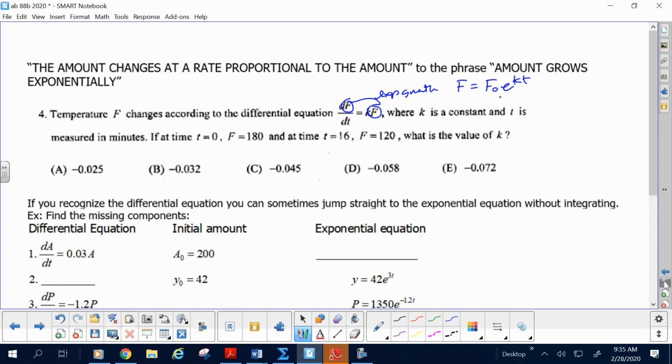Now with that then, it's pre-calculus time. How do I find k? Actually, you do it. You should be able to do it. Try it on your own. I just realized these have been on the homework, and this is why they were on. I gotta put that in my calculator.